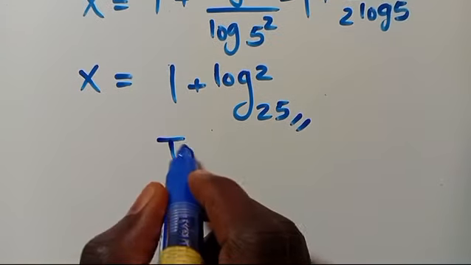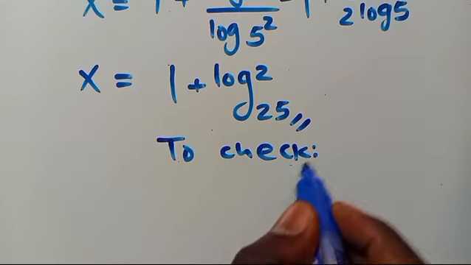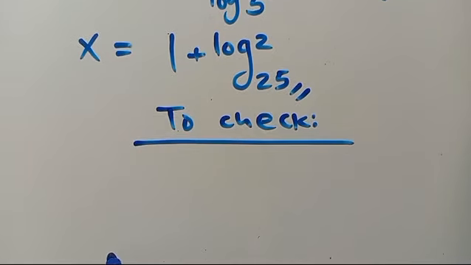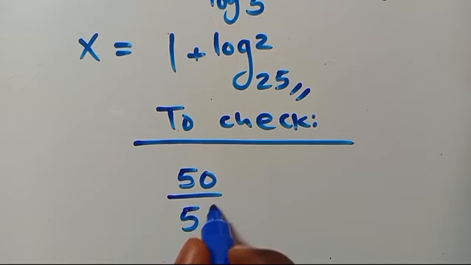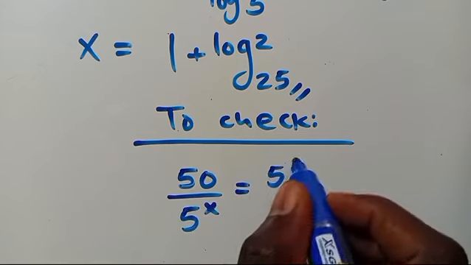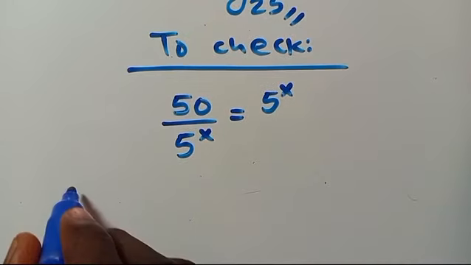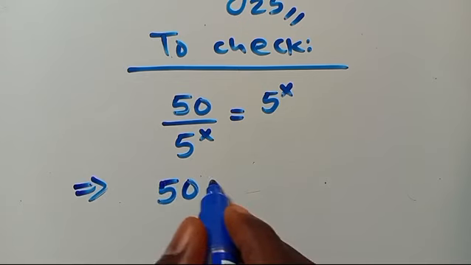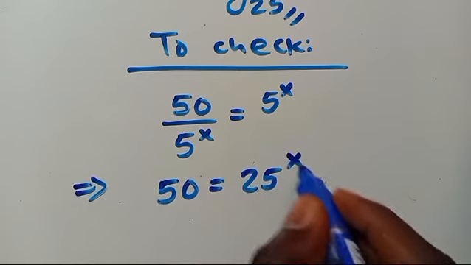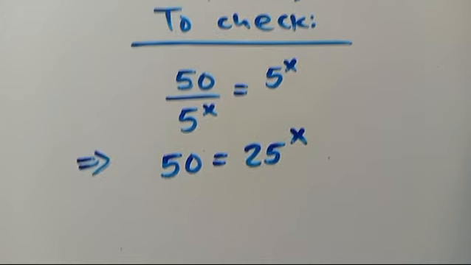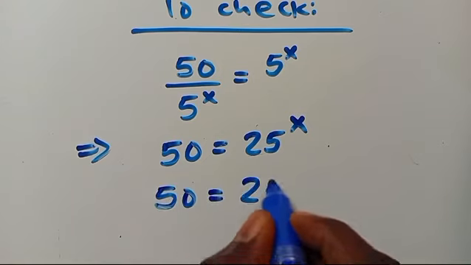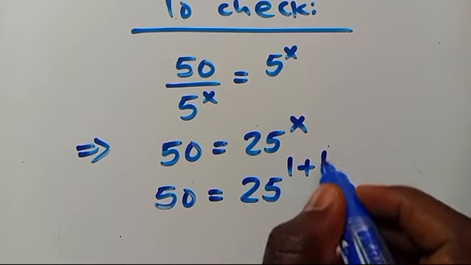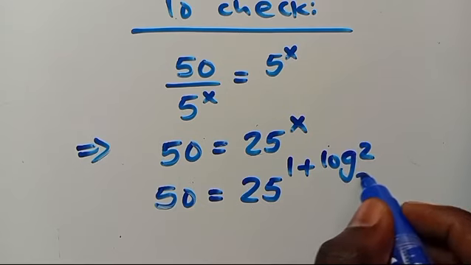Then to check, we have 50 over 5 to the power of x equals 5 to the power of x. This equals 50 equals 25 to the power of x. Then from here, we have 50 equals 25 to the power of 1 plus log 2 in base 25.